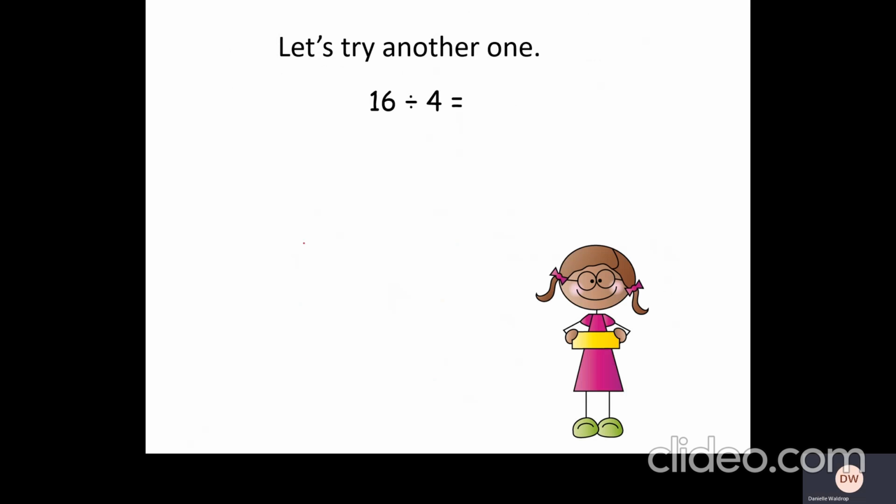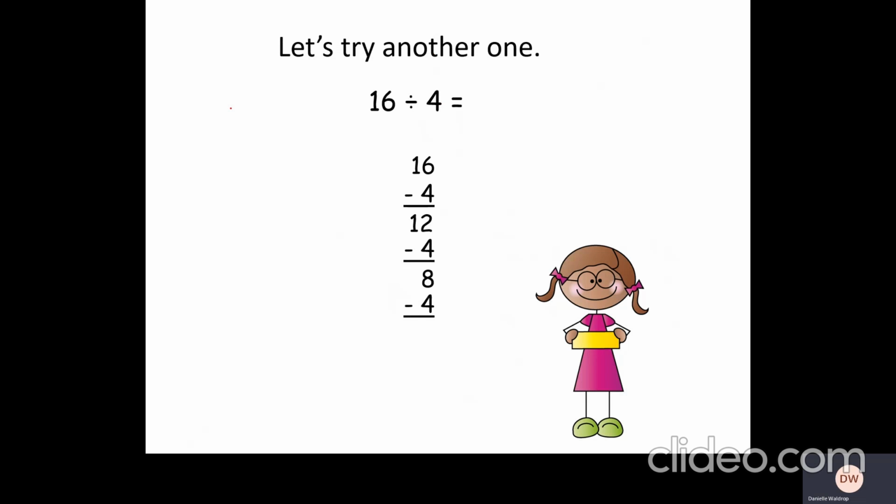Let's try another one. 16 divided by 4. So let me stop and ask you, what are you going to subtract each time? Good. We're going to subtract 4 until we get an answer of 0. And then we'll count how many times we took 4 away. So here we go. 16 minus 4 is 12. I'm going to keep taking away another 4 because I haven't gotten to 0 yet. So 12 minus 4 is 8.